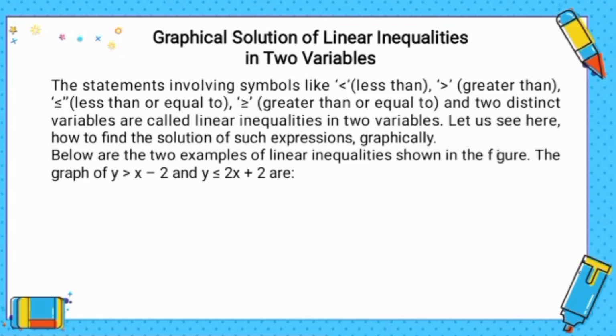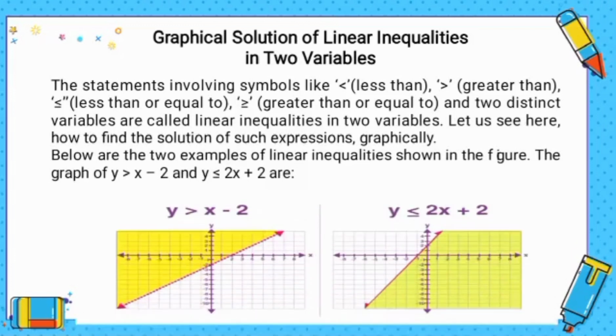Below are two examples of linear inequalities shown in the figure: the graph of y is greater than x minus 2 and y is less than or equal to 2x plus 2. They have different coverage of the graph according to their sign, whether greater than, less than, greater than or equal to, or less than or equal to.